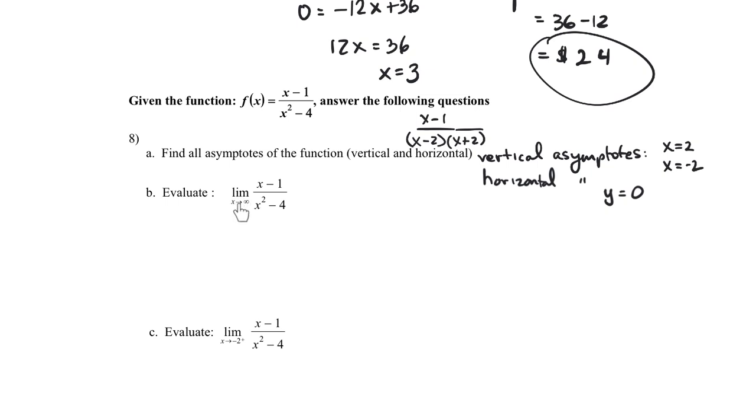So the limit as x approaches infinity of a rational function really is just another way of asking where is the horizontal asymptote, if there is one. The horizontal asymptote of this function is y equals 0. So as x approaches infinity, y approaches 0. So that's equal to 0.